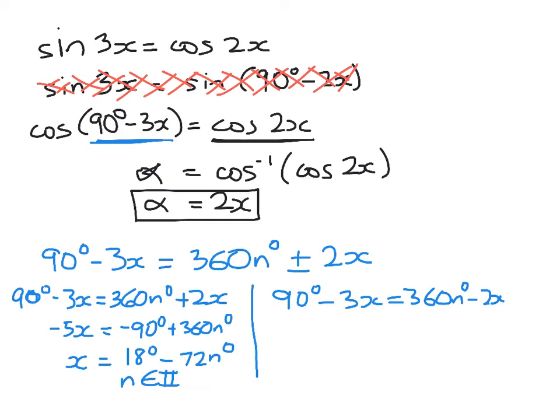I'm going to do the same thing with the other case. So I'm going to add 2x onto both sides, and I'm going to subtract 90 degrees from both sides. So we get negative x is equal to negative 90 degrees plus 360 n, which gives me, dividing through by negative 1, x is equal to 90 degrees plus 360 n degrees.